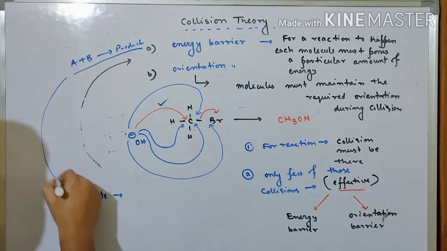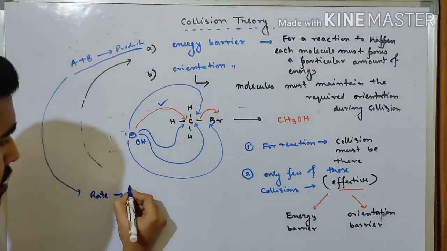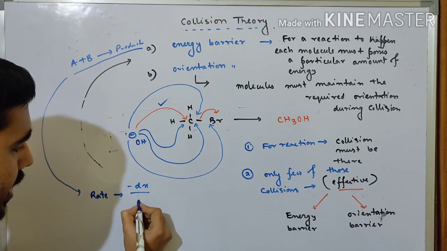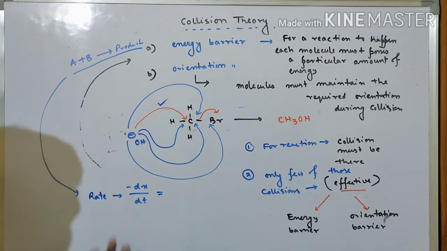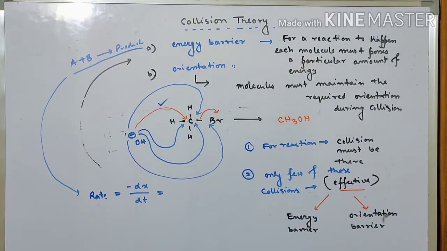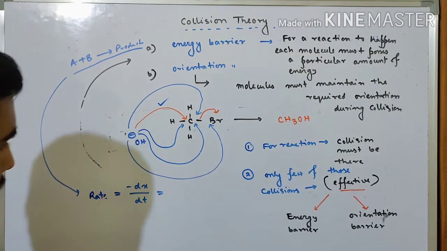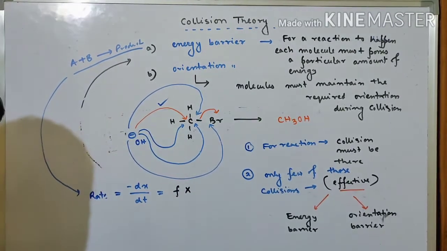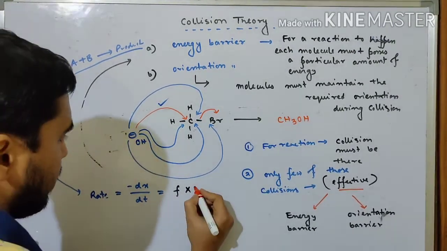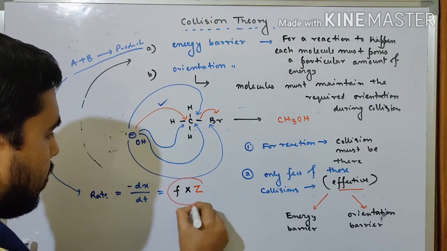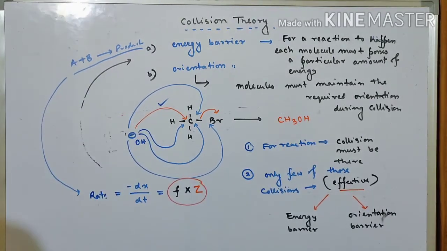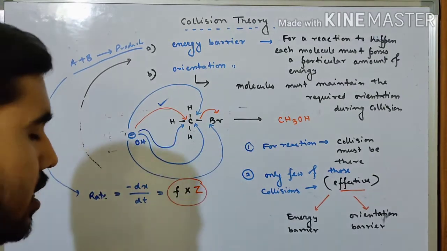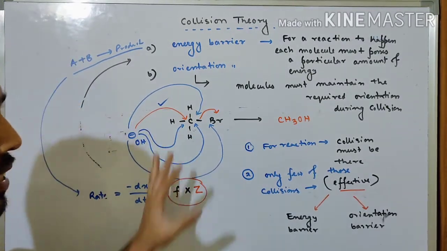In this case, the rate can be written as minus dx by dt is equal to F into Z. So this is how the collision theory is expressed. This is all about it.